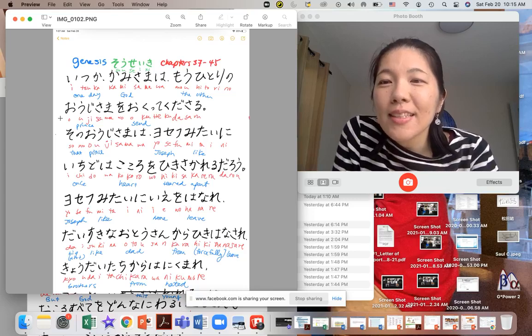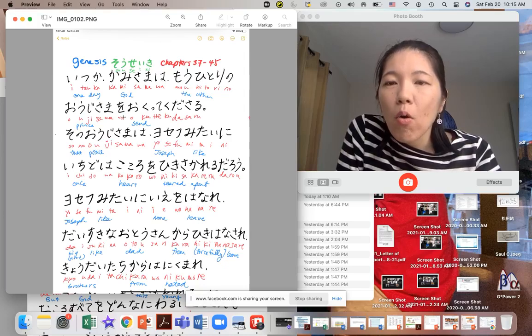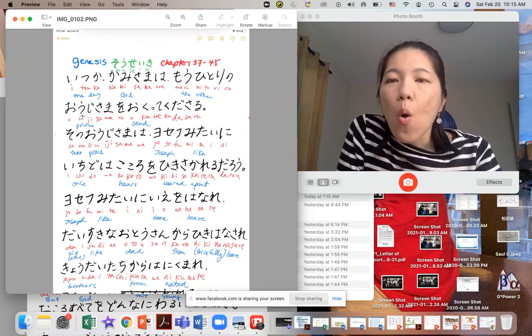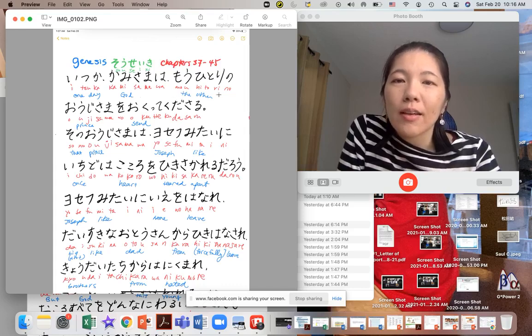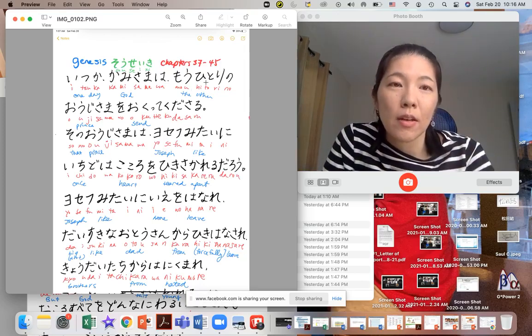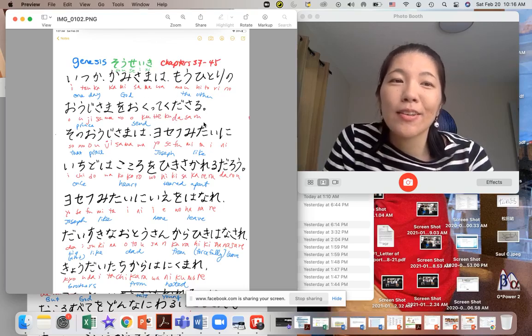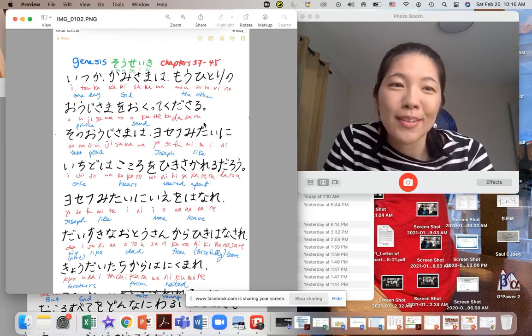Itsuka kamisama wa mou hitori no oujisama wo okutte kudasaru. Itsuka is one day, kamisama is God, mou hitori is another, because hitori is one, but mou hitori is another. Oujisama is prince. Okutte is send, and kudasaru lifts up the action of God because he is a higher being.